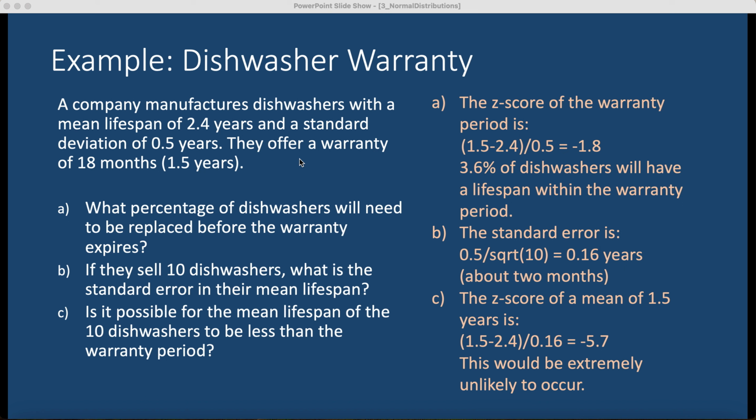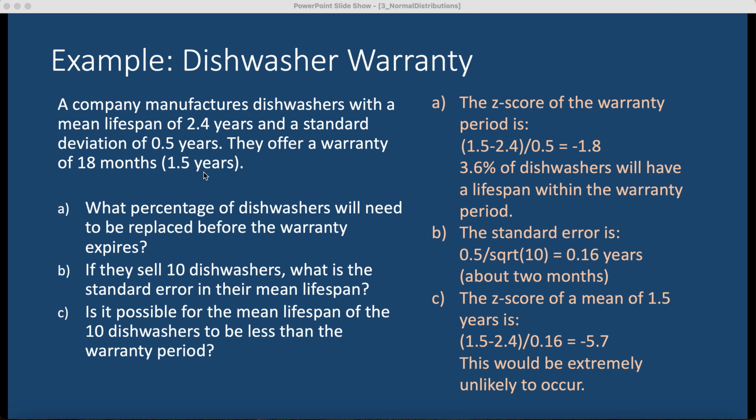If you're a company, that's what you want, so that you don't have to replace it. So in this case, we have some data saying that 68% are in that 1.9 to 2.9 year range, and the warranty is 18 months, which is 1.5 years. That's well under that value. So the company has set their warranty period in a sensible sort of way.